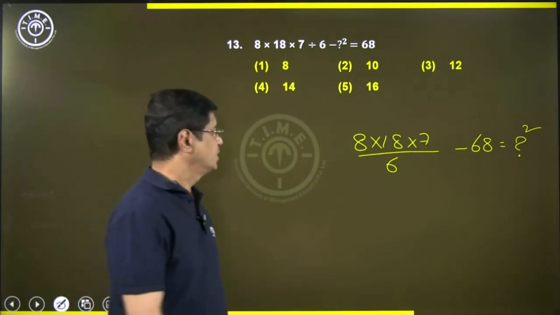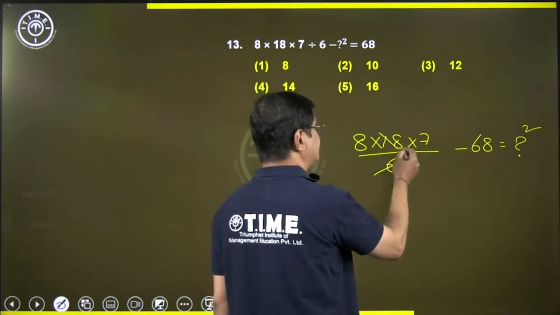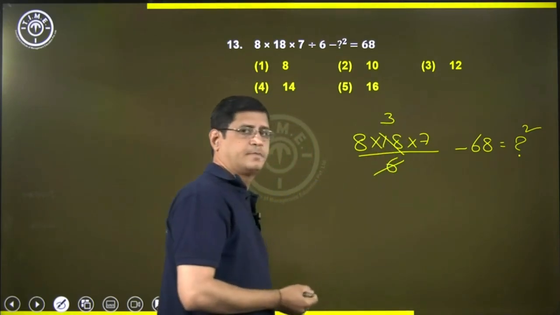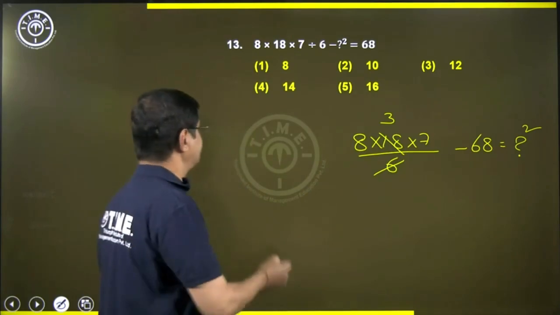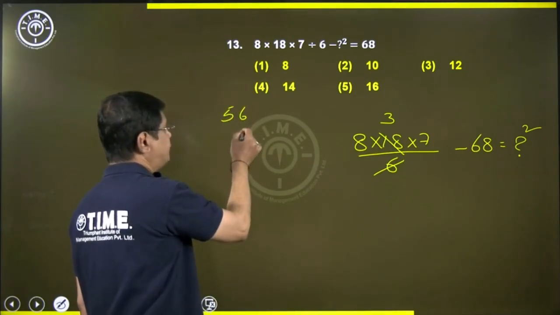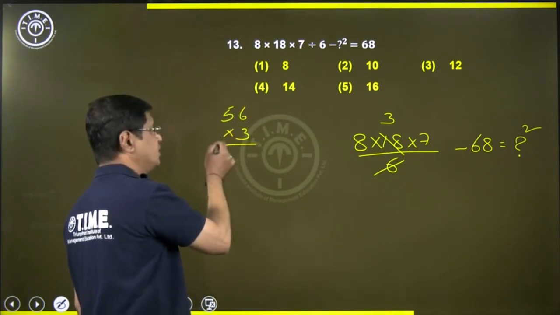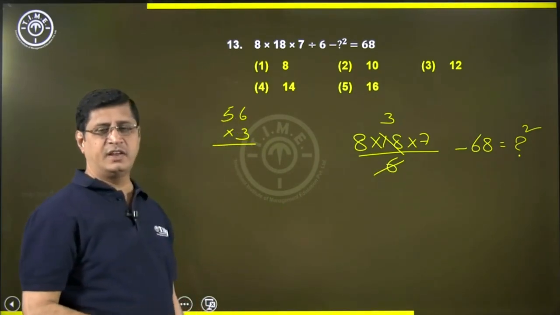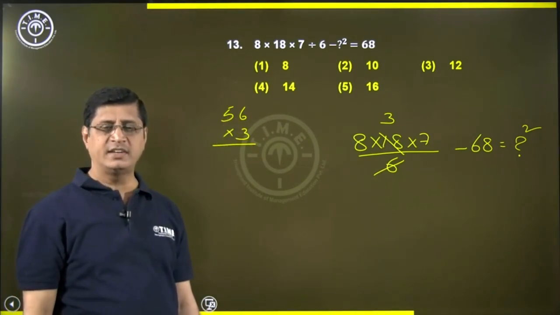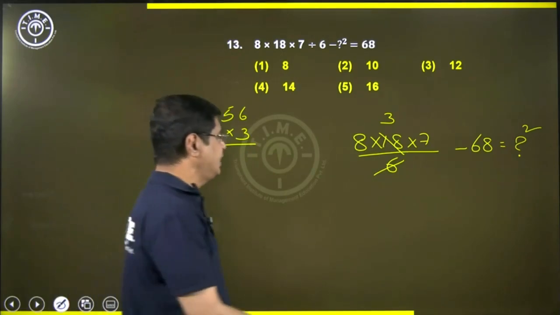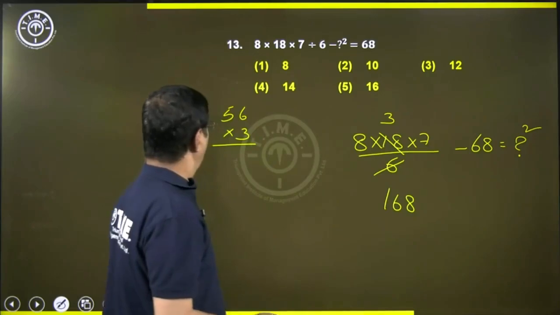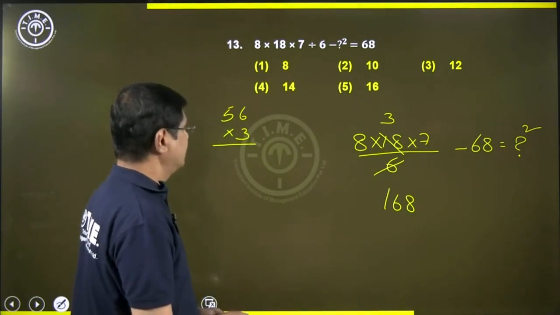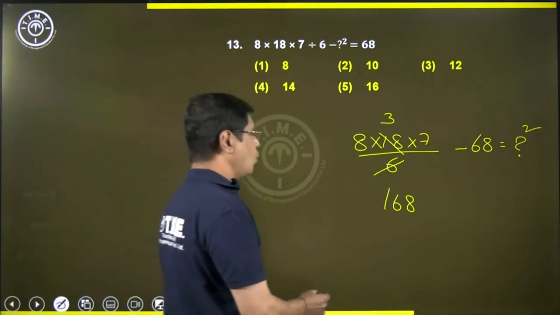Solving this. 3 times 6 is equal to 18. Now just observe. 7 into 8, 56. 56 into 3. 50 into 3 is equal to 150. 3 times 6 is equal to 18. 150 plus 18, that is 168.